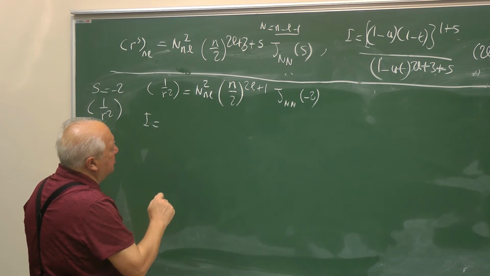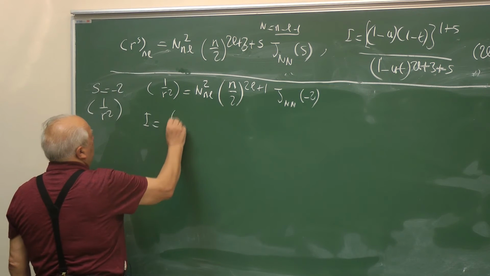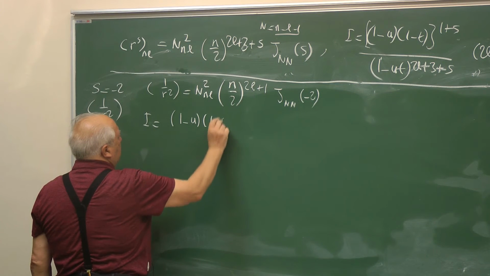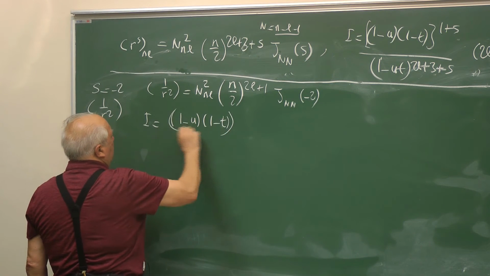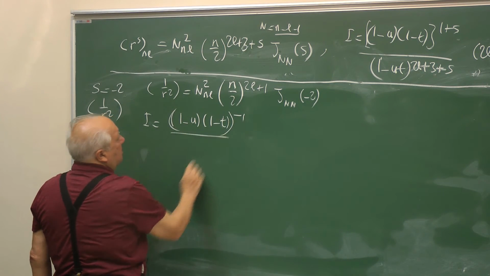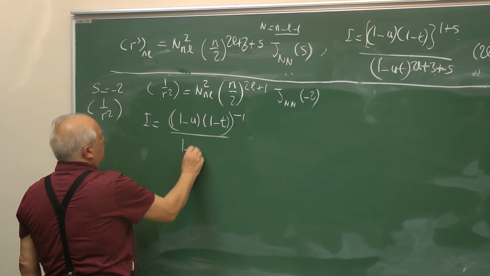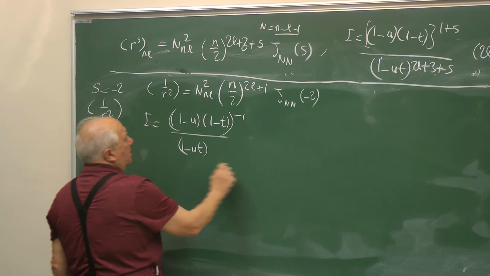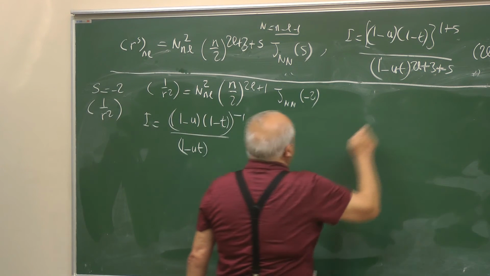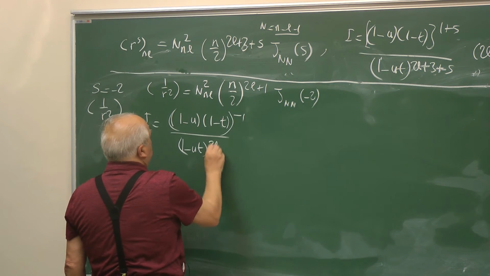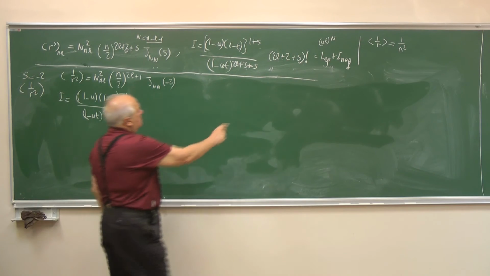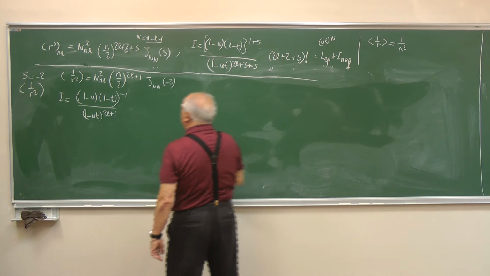S is minus 2, so we have 1 minus u, 1 minus t, minus 1, and 1 minus ut. This is minus 2, so it is 2L plus 1. This is minus 2, so we have 2L factorial.